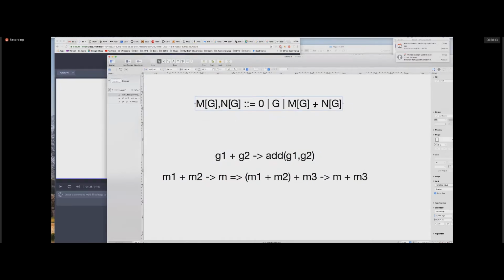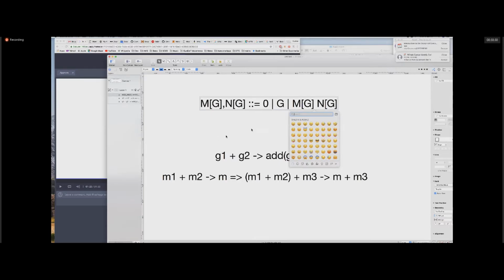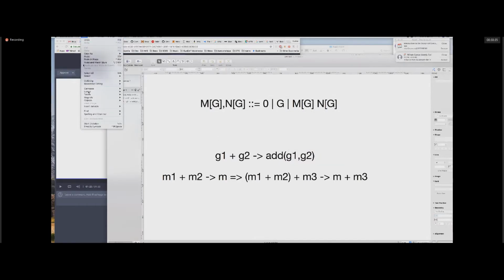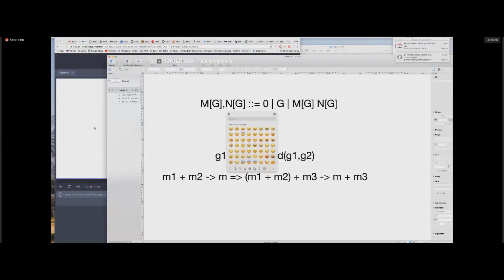Now notice that this plus is an abstract plus. So just for grins, not to have it collide with this one, I'll use something else. I think you can search for the symbol.